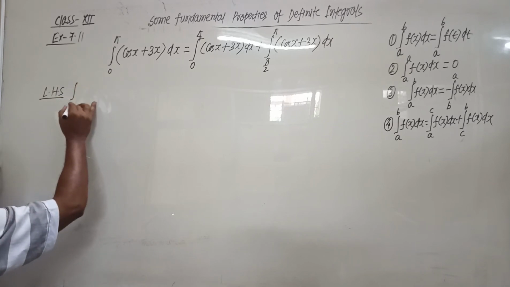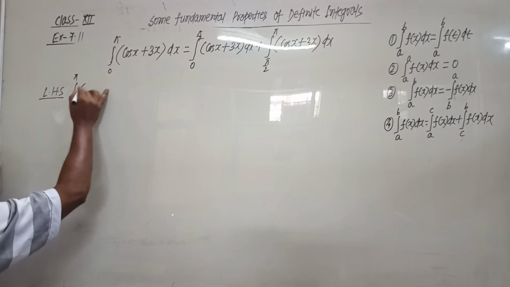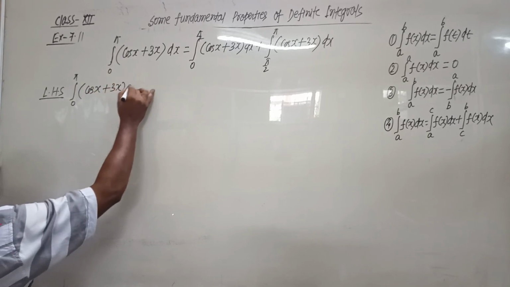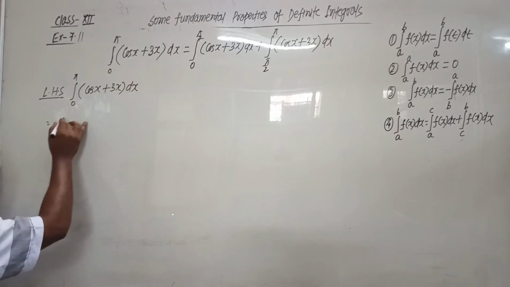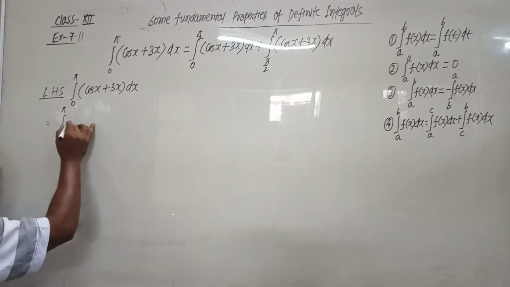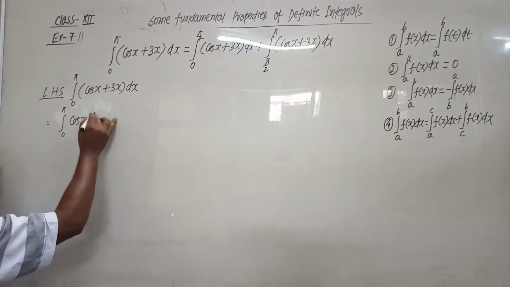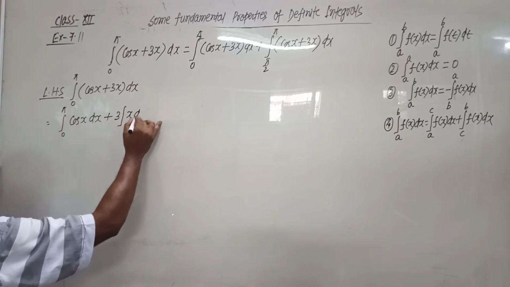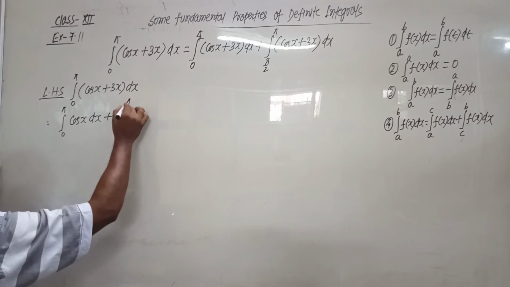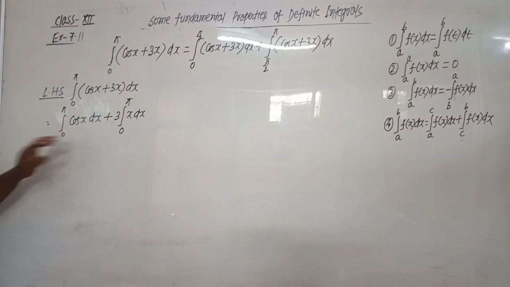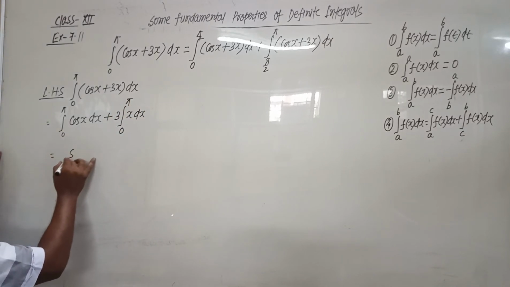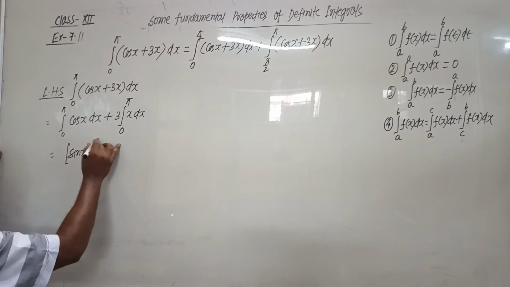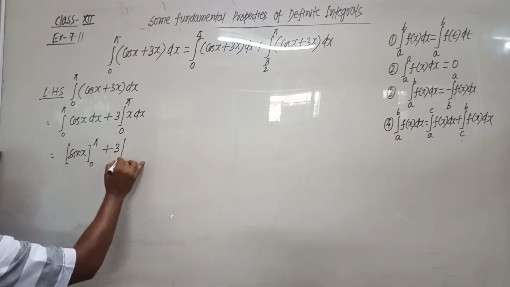So LHS is integration 0 to pi of cos x plus 3x dx. So this will be separated. Integration 0 to pi cos x dx, and 3 is the constant term taken outside, x dx, with limit from 0 to pi. The integration of cos x is sin x, with limit from 0 to pi, plus 3 as it is.